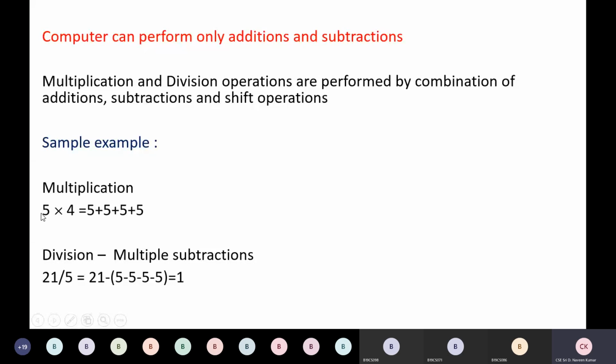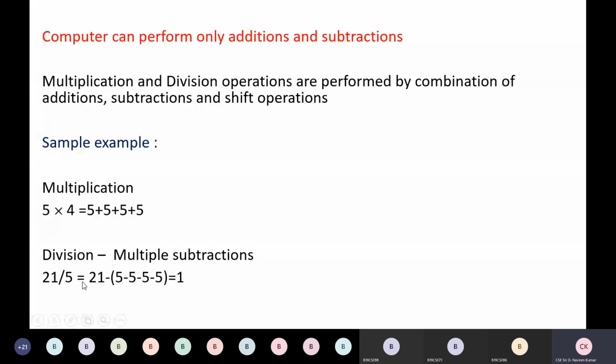You can see if the computer needs to do 5 into 4, what it does is it will add 5 plus 5 plus 5 plus 5, but not exactly addition. For example, if there is 5 into 1000, it's not like 1000 times it adds 5. It uses shift operations to make it faster. In the same way, division is a subtraction process.